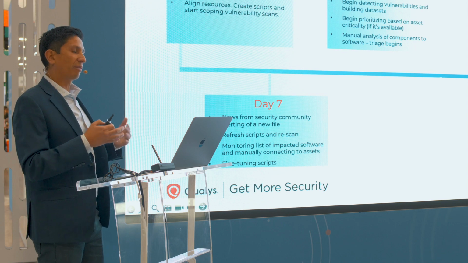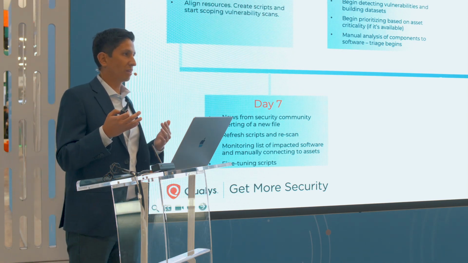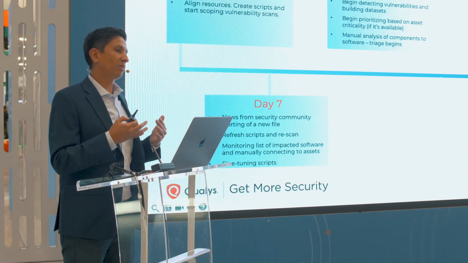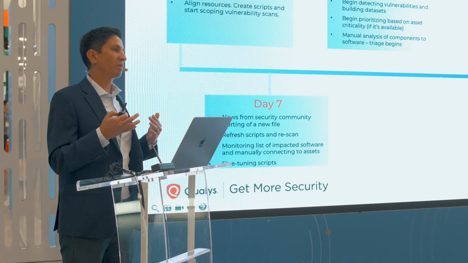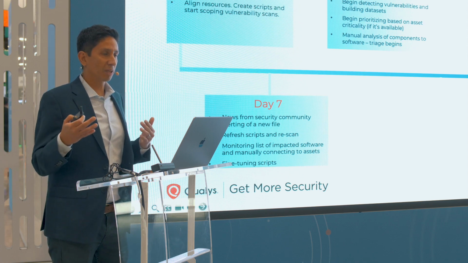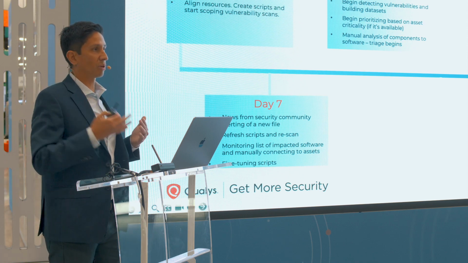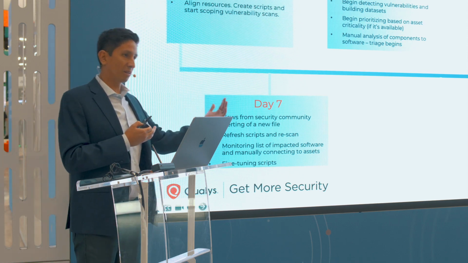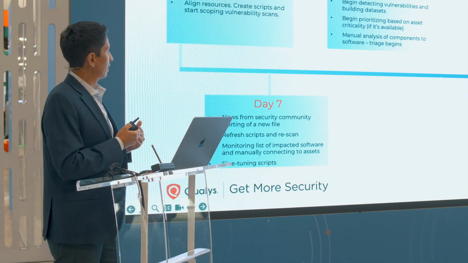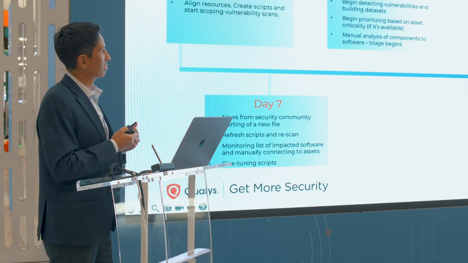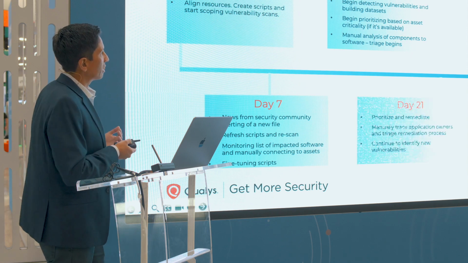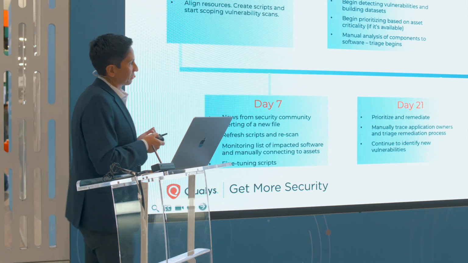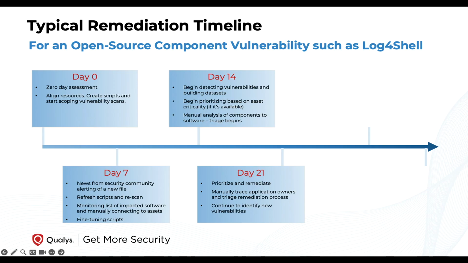After detecting a Log4j component, as a security team, you still had to work with IT to identify: is this Log4j part of an off-the-shelf, third-party application that I deploy on my servers? Or is this something coming from my internal DevOps team, a software provided internally? So a lot of manual analysis. And then you have to trace those applications, identify who the owners are, and then talk to them.